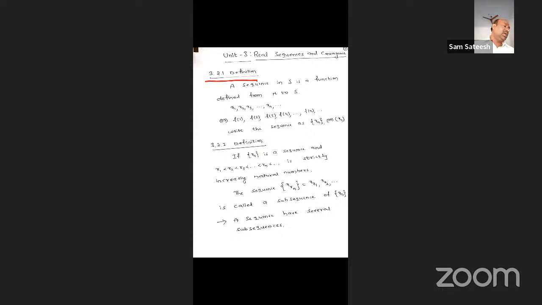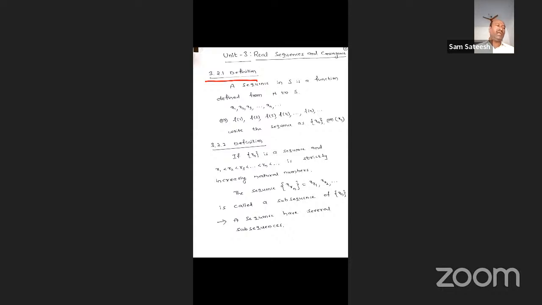The first line says a sequence is a set of numbers presented in an order, starting with the first number, second number, third number.